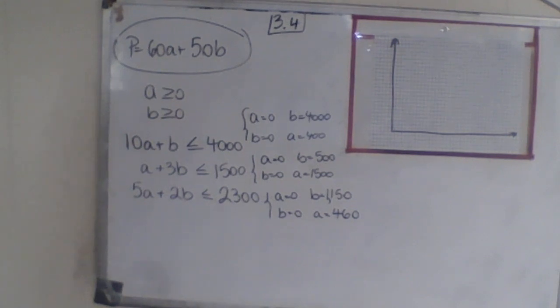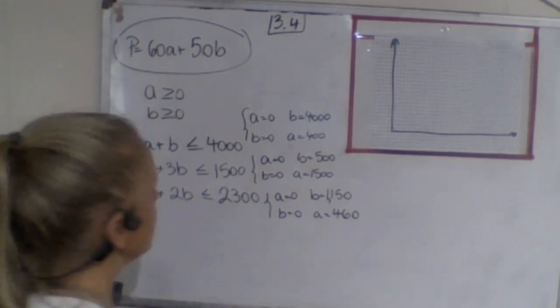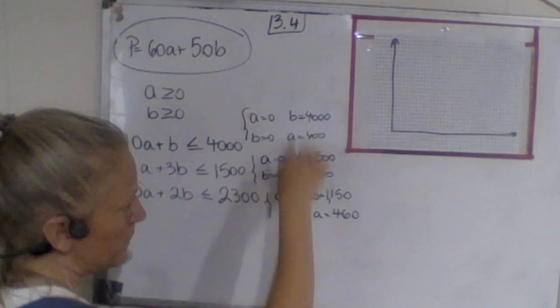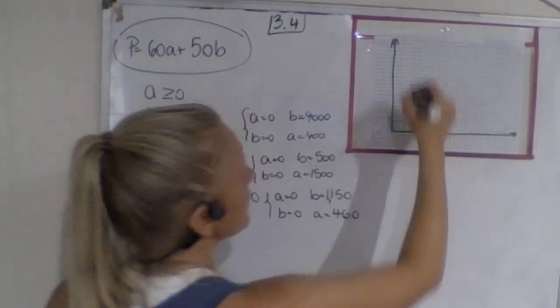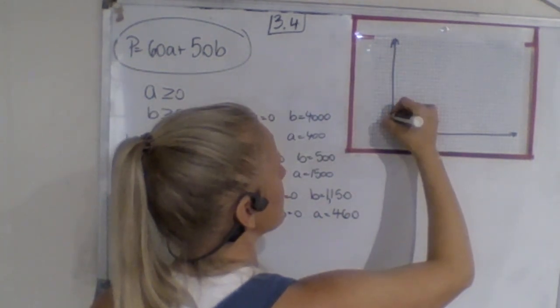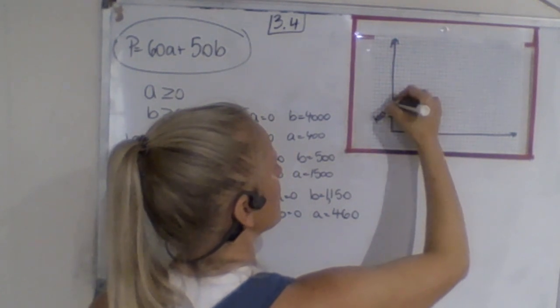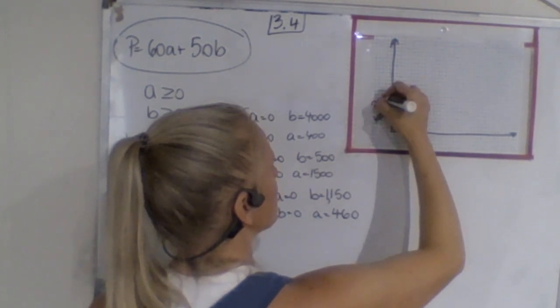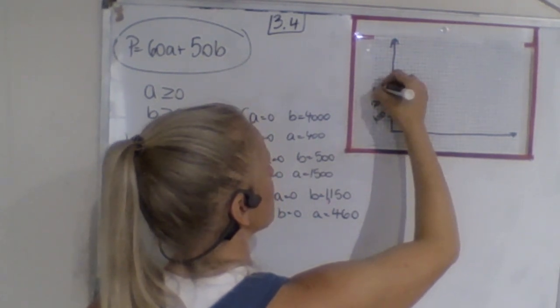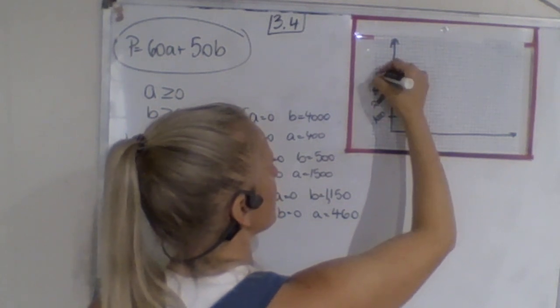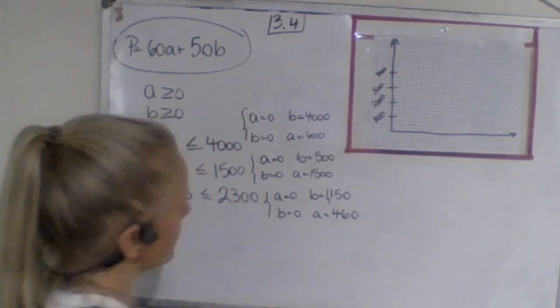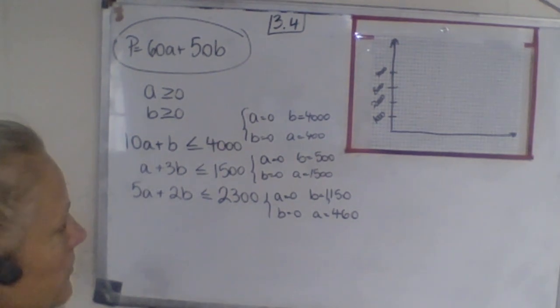Let's try and graph each line to the best of our abilities. If I look at my B's, they have really big values. So I'm going to say this is 1,000, this is my 2,000, this is my 3,000, and this is my 4,000. I think that's as far as my B goes, okay?